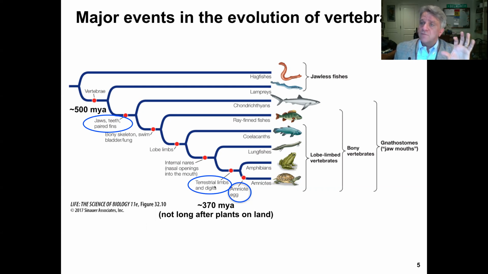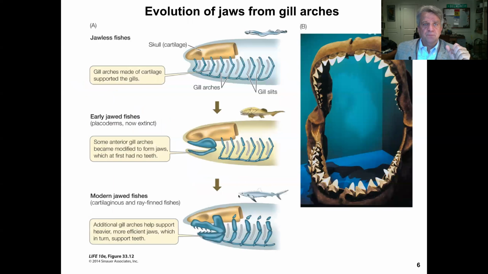And note that vertebrates start colonizing terrestrial habitats about 370 million years ago, which is similar timing to the colonization of land by plants. And then as we get into more of the tetrapod phylogeny, we're going to focus on the evolution of the amniotic egg, which indeed defines a group of tetrapod vertebrates known as amniotes.